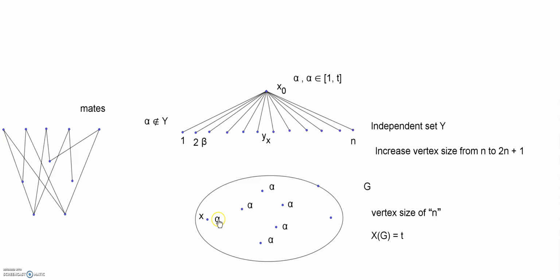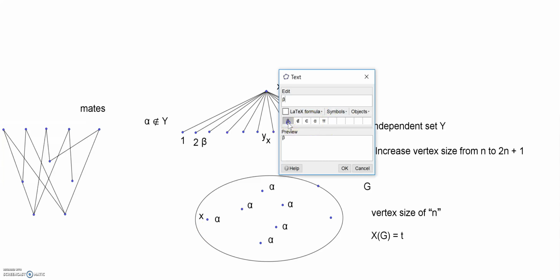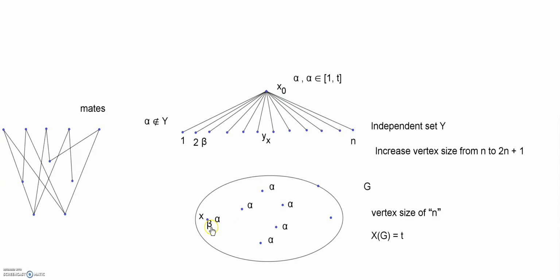We're essentially going to cancel out this color. We're going to now have the color beta. I can just cross it out with 2 segments. But the point is that that's not going to be a color anymore. Beta will be the new color of the vertex x in the original graph G.